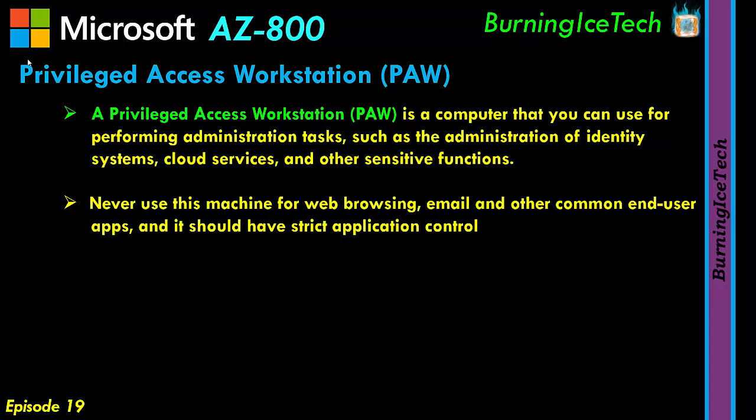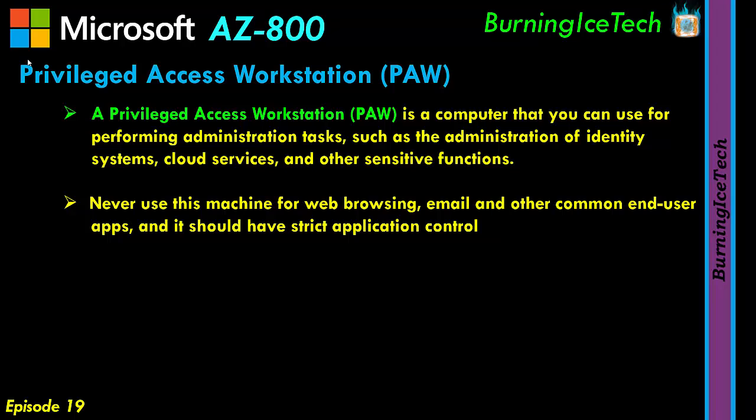Obviously, it's not going to be on purpose. This is probably something that the IT guy is not even aware of. And he or she is now going to access that server with that compromised machine, which is their everyday machine, and boom, bam, before you know it, the server is compromised. So to avoid that, you're going to want to use a dedicated machine to access that server. That's the whole idea behind it. I think that more or less summarizes a privileged access workstation.